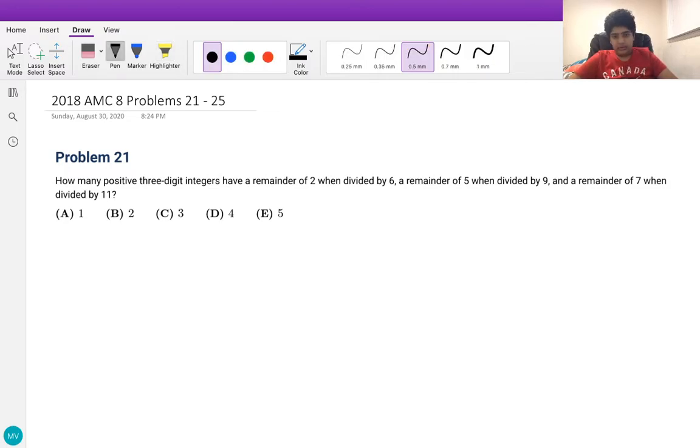First, we note that 2 is 4 less than 6, meaning the number has to be 4 less than a multiple of 6. Okay, so mult just stands for multiple.